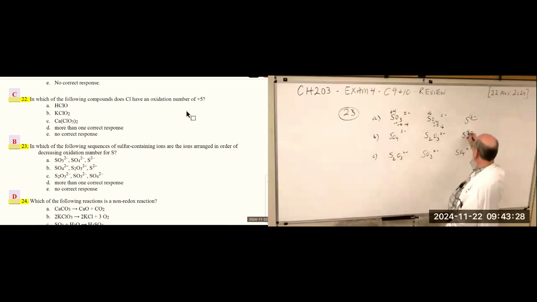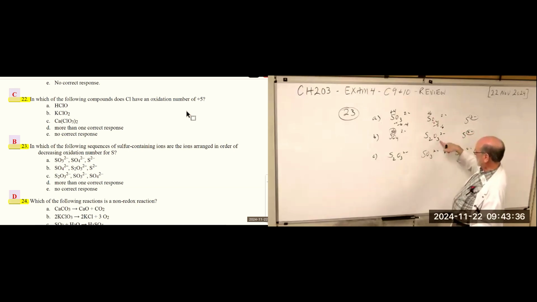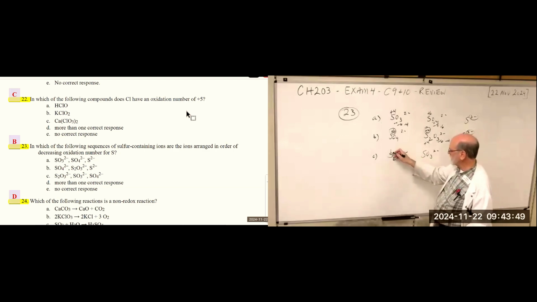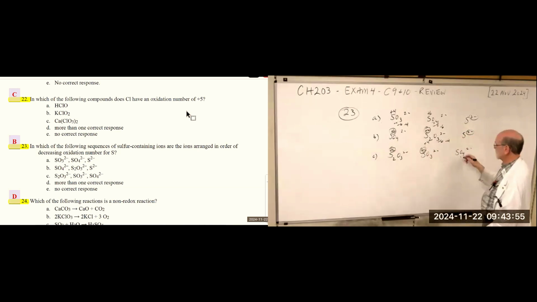This is a +6, right from there. This one, 3 times 2 minus is -6, but we need only -4. So this would be a +4 total, a +2 for that one. And +2 here. In SO3, this is +4. And this is +6.